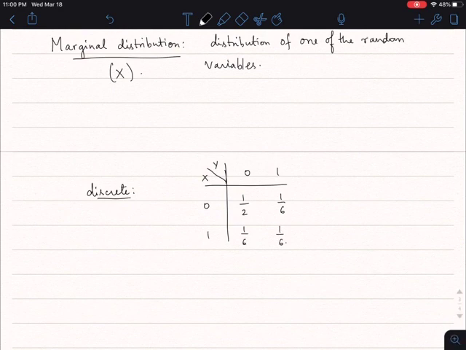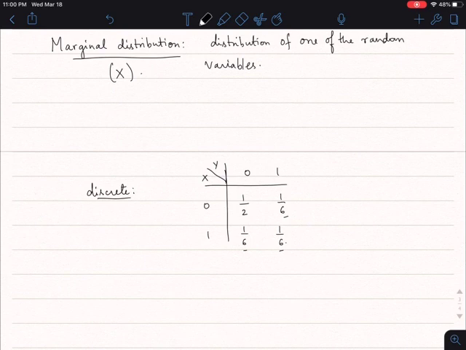Note that these values all add up to 1, because these three add up to 1/2, and so the total is 1. So let's take this simple example of jointly distributed random variables x, y.